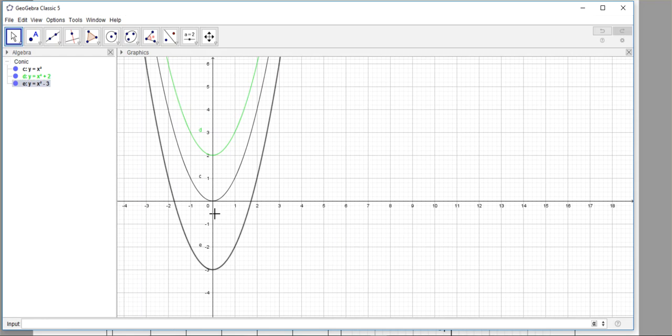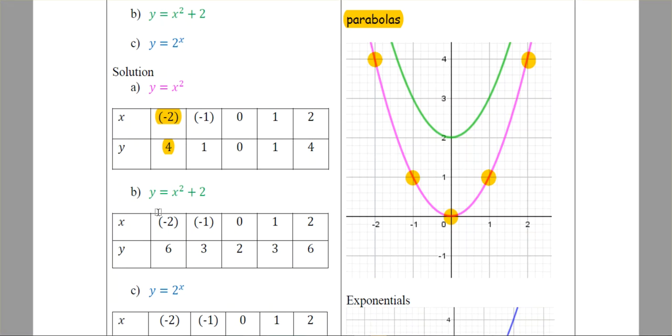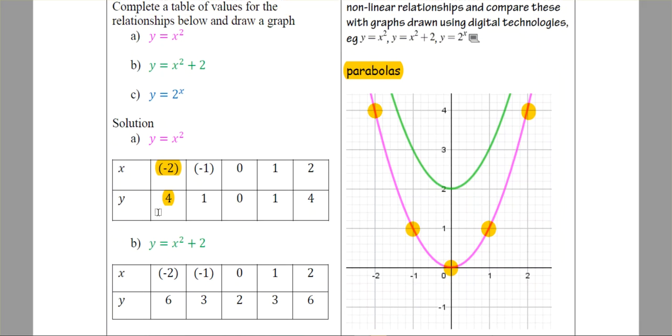It actually moves the whole parabola down 3. And you can see here the table of values. So -2 squared is 4, plus 2 is 6. And -2, 6 would be up here. So 0, 2 is easy to see. So 0, 2 is this point.